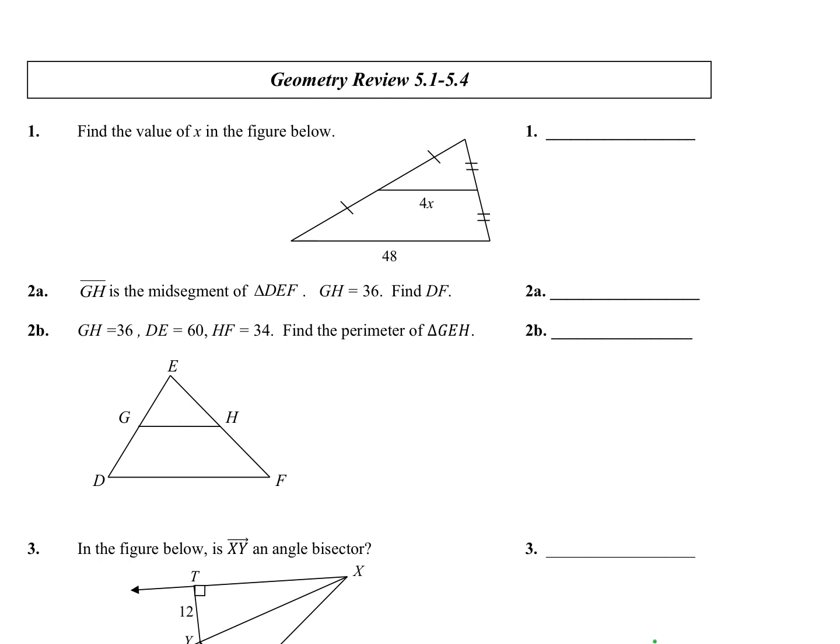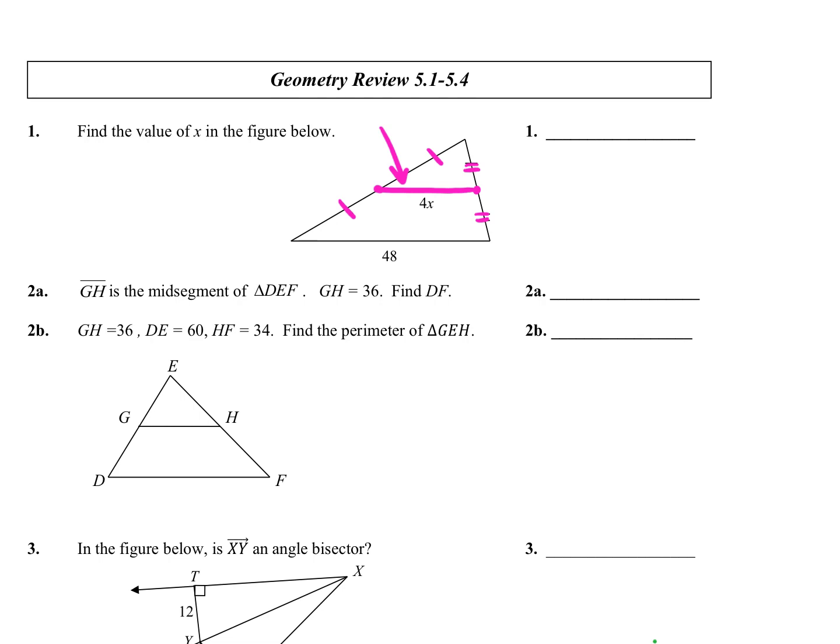This first one, it says, find the value of x in the figure below. And I just want to remind you, we're talking mid-segments here, okay? A mid-segment is a midpoint and a midpoint. Okay, it's the segment that joins those two midpoints. So this is your mid-segment, the pink line there.